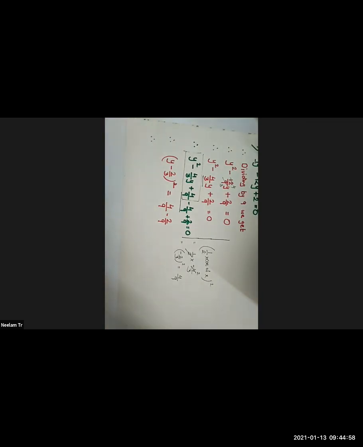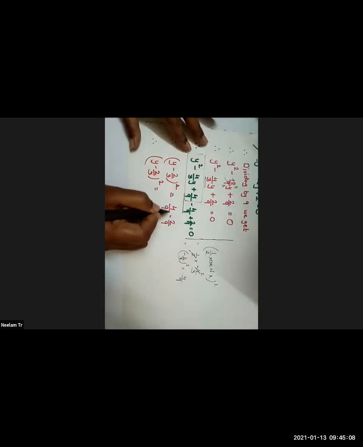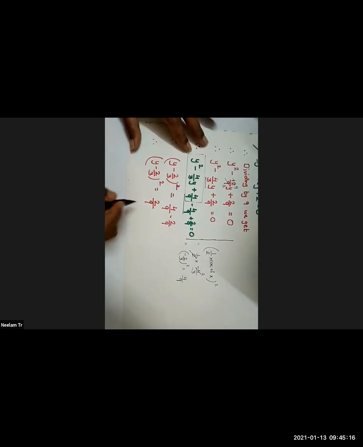Okay? So now y minus 2 by 3 the whole square is equal to, see, LCM is same, then 4 minus 2 you will get 2 and here is 9. Okay? Now after that, taking square root.